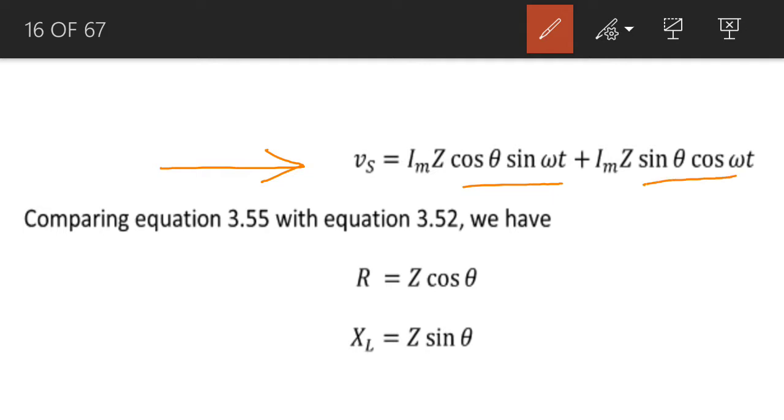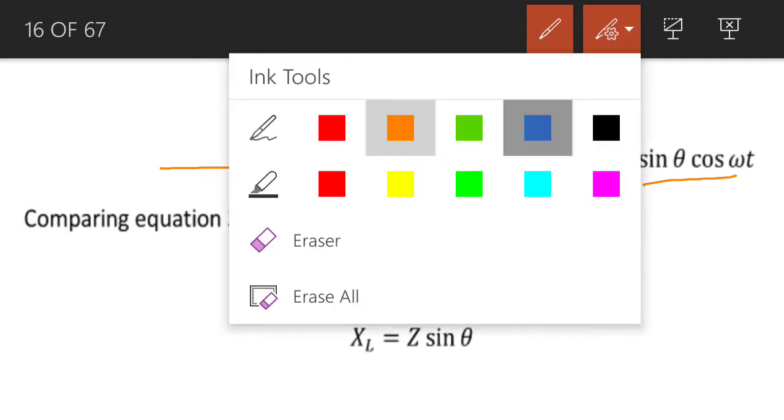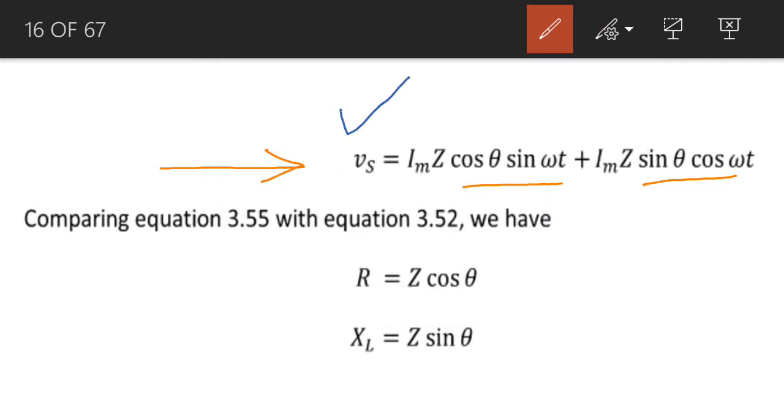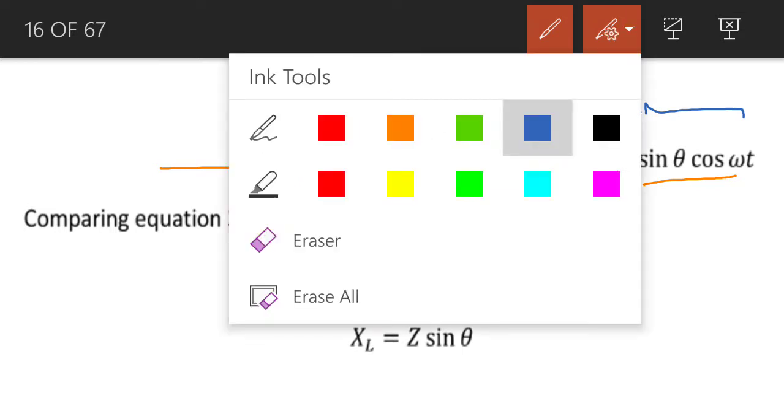And then if we rearrange the equation, the voltage across the source will be equal to Imz cos theta sine omega t plus Imz sine theta cos omega t, right?